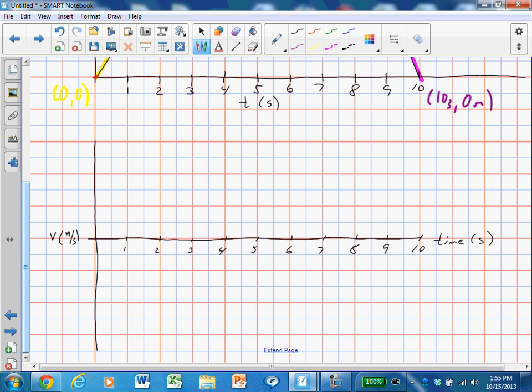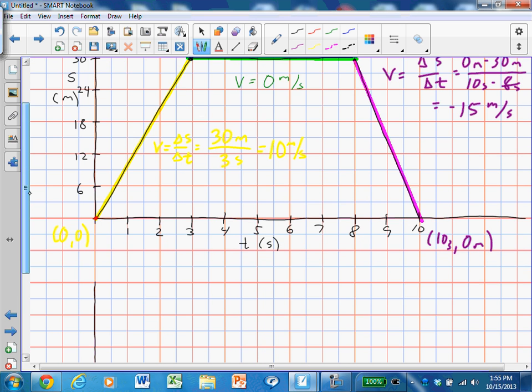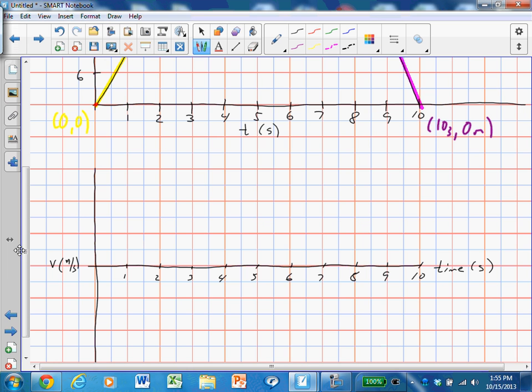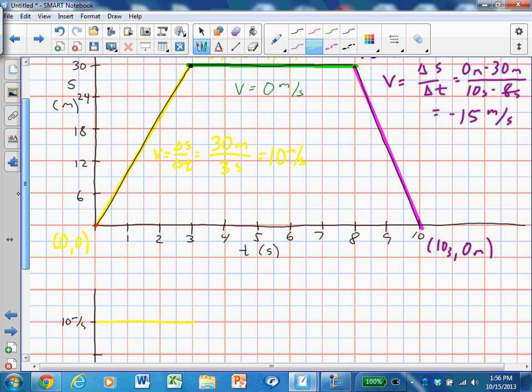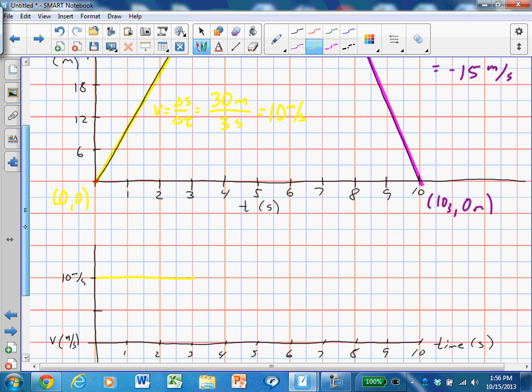Over the 10 seconds, the first one was 10 meters per second, and that went on for the first 3 seconds. So that was our yellow one. There's that. And then we were at 0 meters per second for the next 5 seconds.